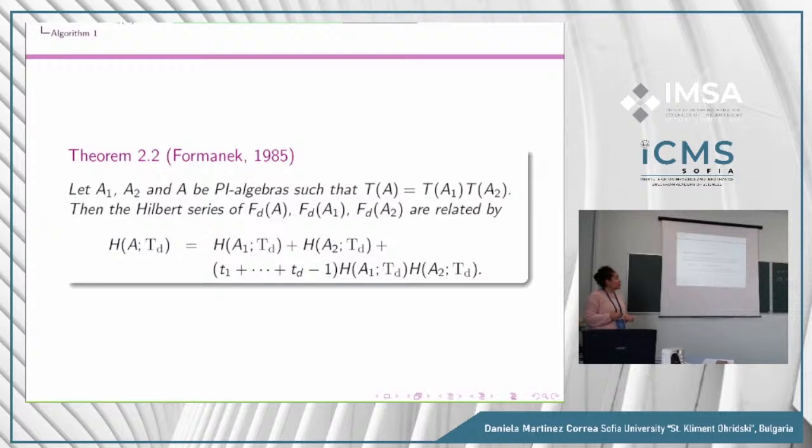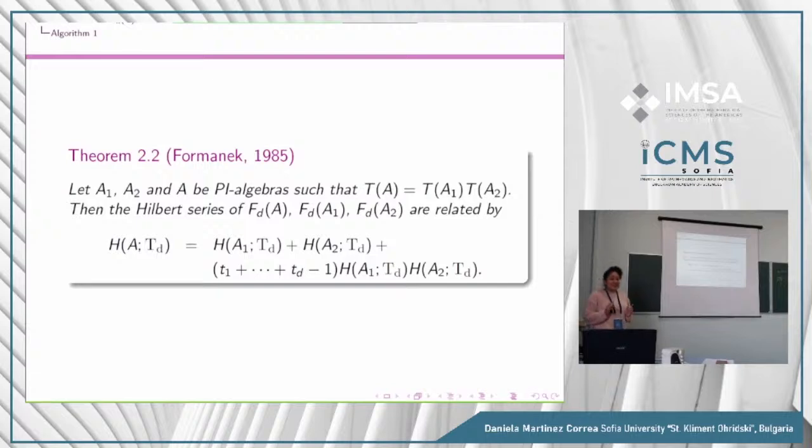So note that we have this hypothesis by the last slide. Okay? So if we want to know the Hilbert series related to UT_n of E, we only need to know the Hilbert series of the Grassmann algebra.